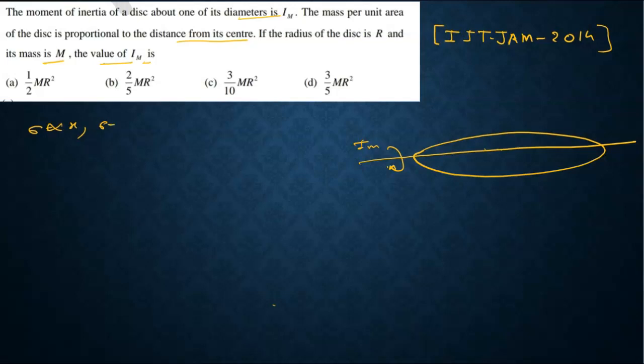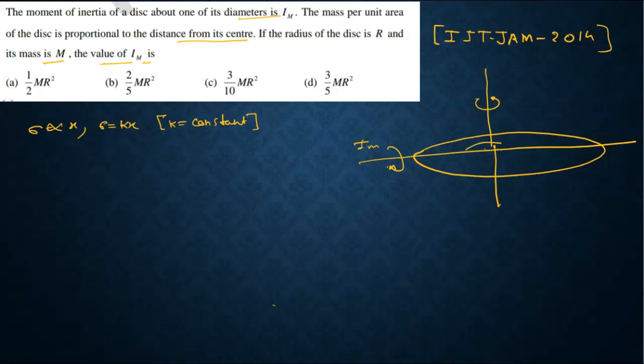So we can say sigma equals kx, where k is a constant. We have to integrate over this axis, but it is easy to find the moment of inertia about the axis passing through its center.